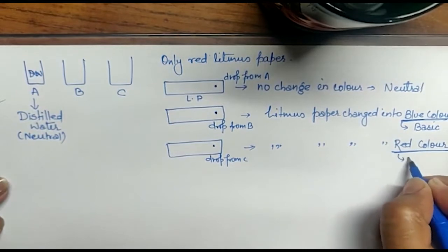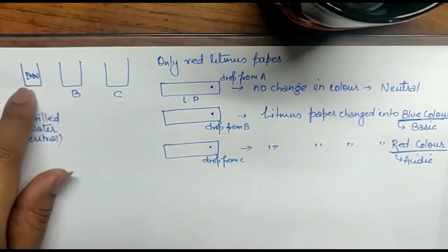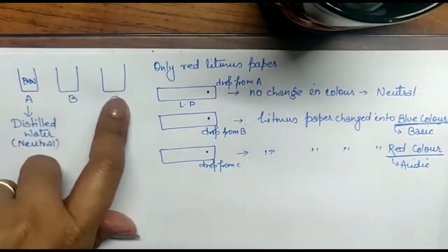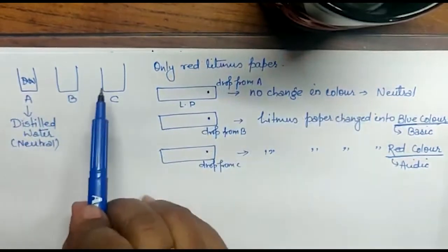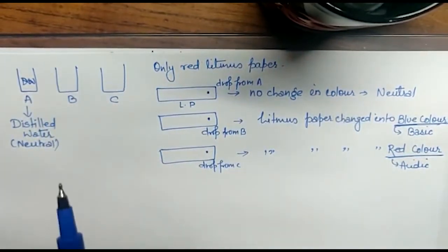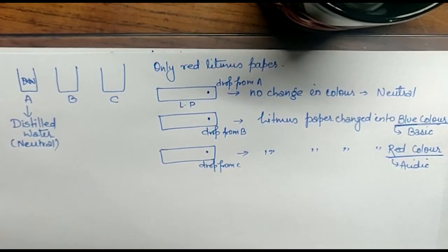So then it is acidic. It can be in any order, but A is distilled water, neutral, B is basic, and C is acidic. The one which shows red color on the litmus paper will be acidic, the one which shows blue color will be basic, and the one which shows no change in color will be neutral.